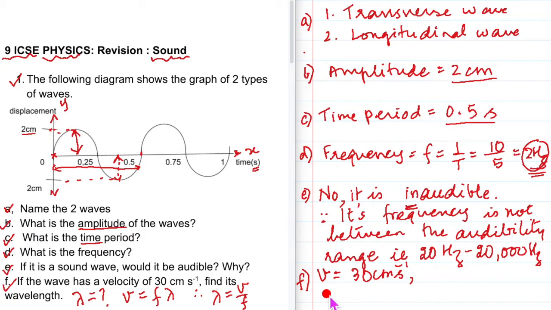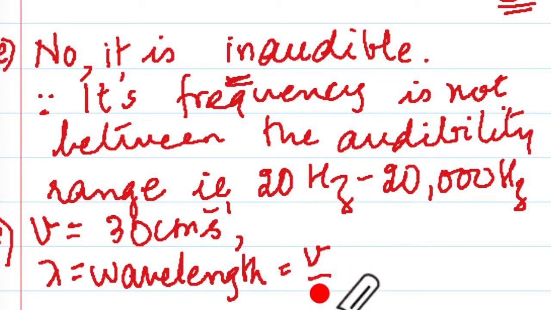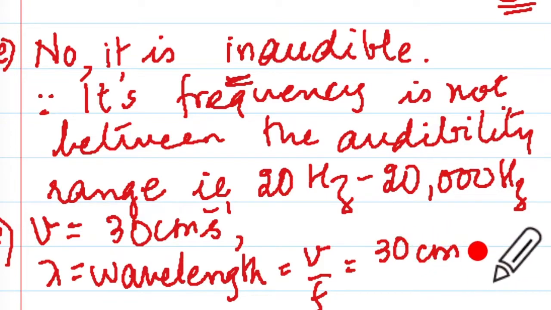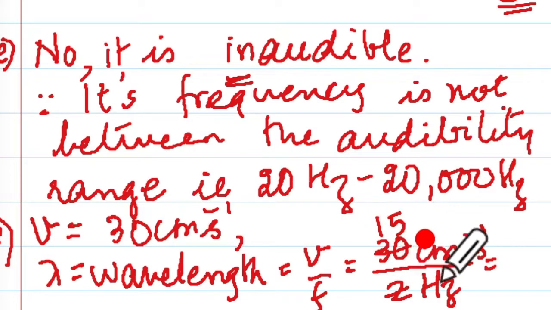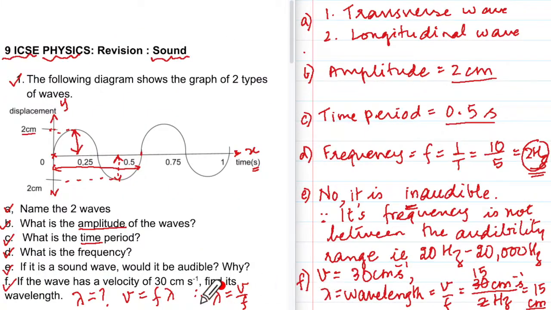Yes, so we will say that lambda, which is wavelength, is going to be v upon f. Now v is 30 centimeter per second, and that upon how much is our frequency? 2 Hertz. Now Hertz means per second, so you will have 2 ones and 2 15. So 15 centimeter. And that is our answer for the last question based on this graph.